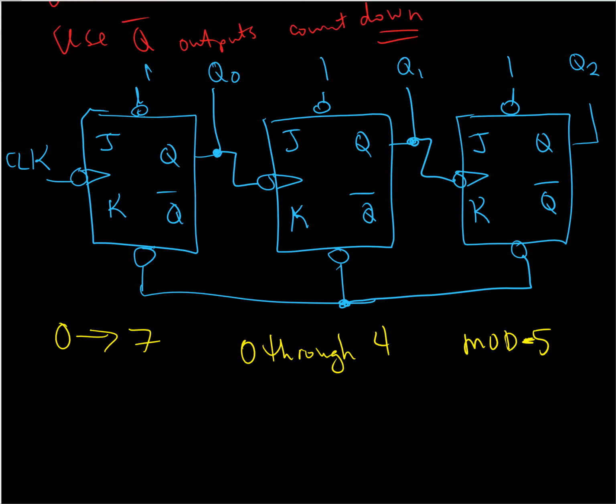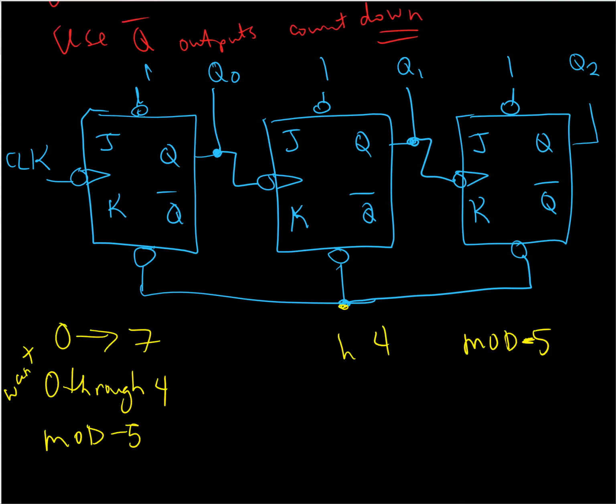What we can do is make use of this reset line, okay? And I'm going to rewrite my words over here just to get them out of the way. So we want 0 through 4. That's what we want. And we call this a mod 5 counter arrangement.